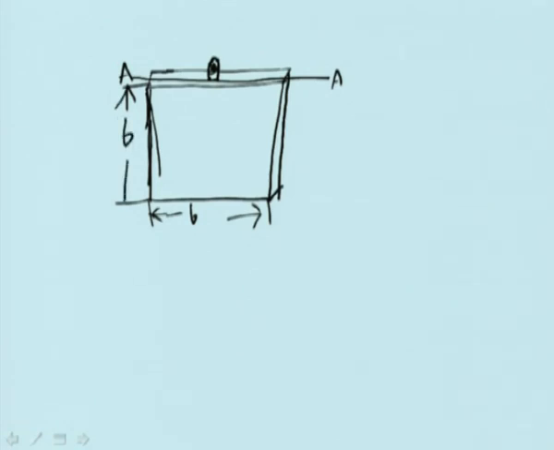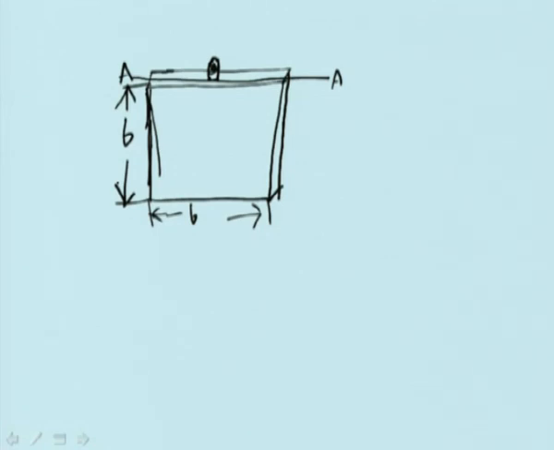If I take a thin laminar here, if there is a hinge here and you suspend it like this, and if it starts vibrating about AA, give a small rotation about AA, and if this length is B, then we are interested to know what is the frequency of oscillation or what is the time period.